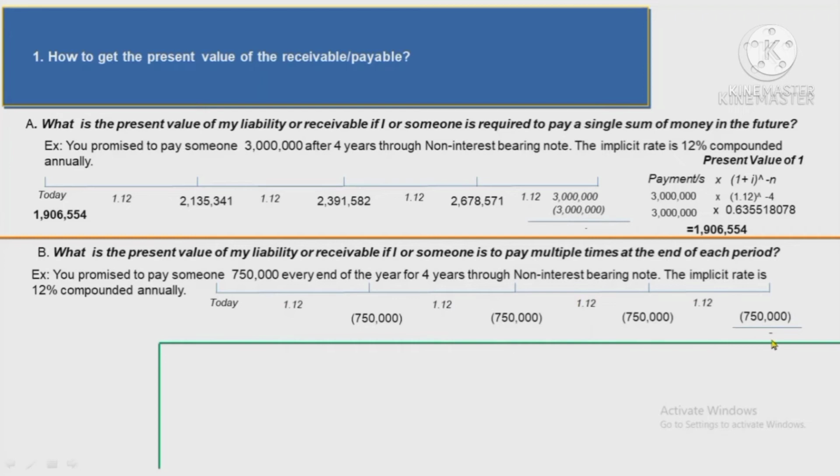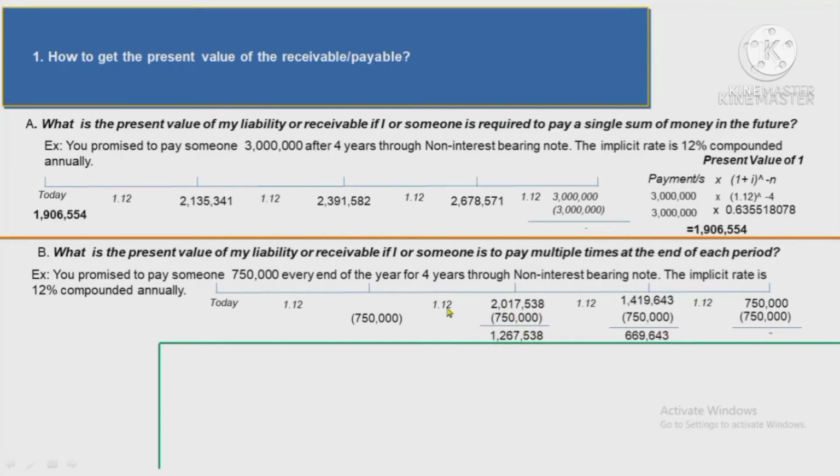If this is 0 after 750,000 was paid, then this is also 750,000 divided by 1.12, then you're going to get 669,643. But before the 750,000 was paid, it is 1,419,643, and then divided by 1.12, you will have 1,267,538.